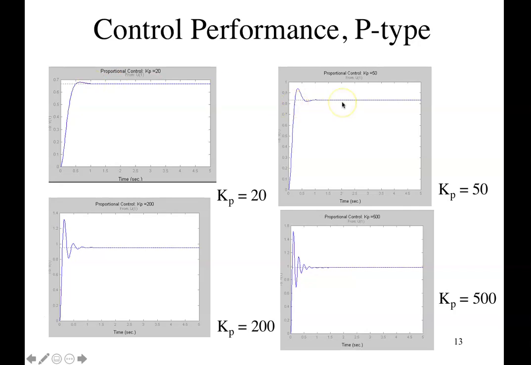Look at that. If I increase the control gain, the rise time is reduced from 0.5 to maybe 0.2-something. The final value is now above 0.8.